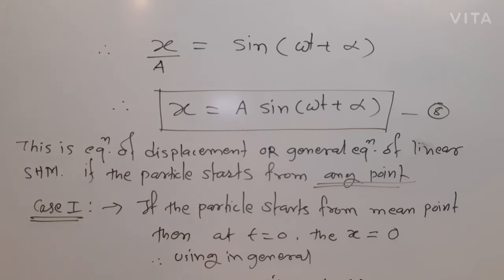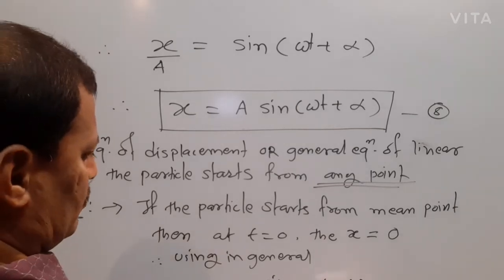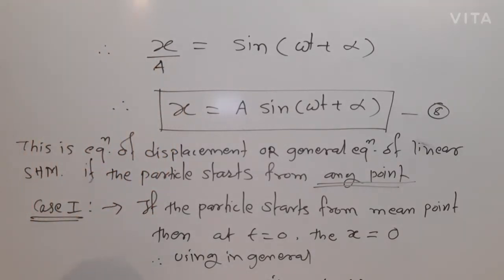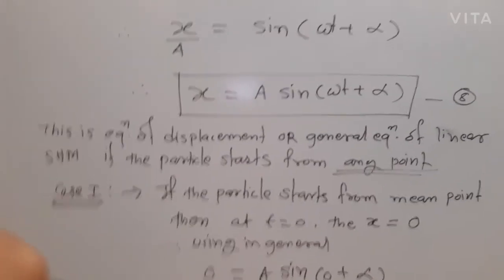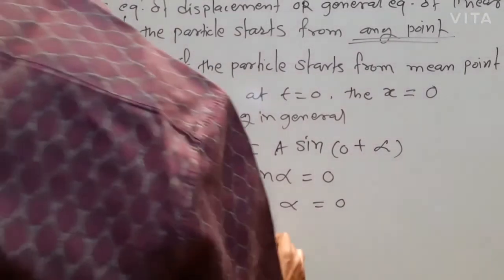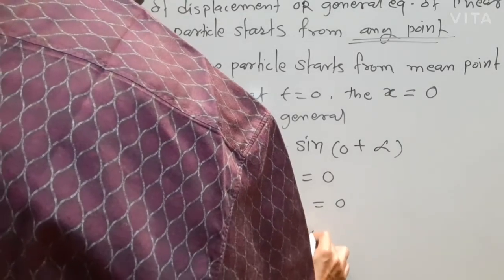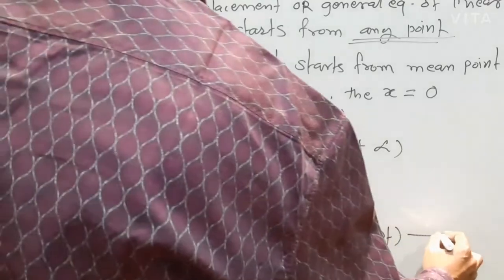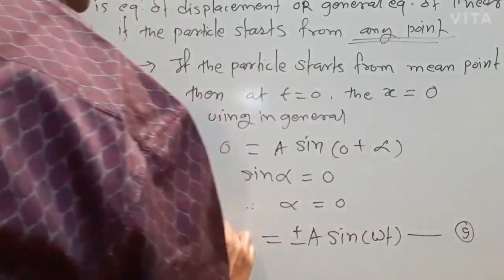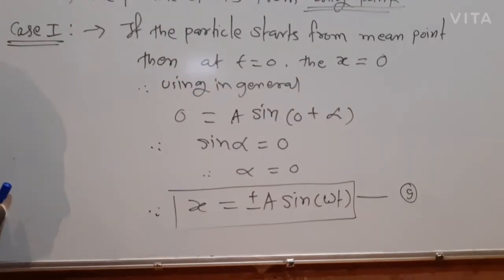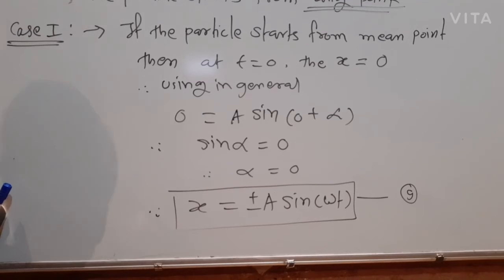Write down alpha is equal to 0, and therefore x is equal to plus minus A into sine of omega t. Denote it as equation number 9. This is the displacement if the particle starts from the mean point.